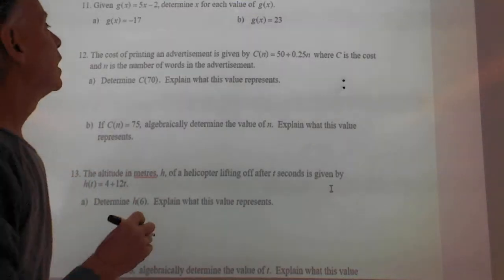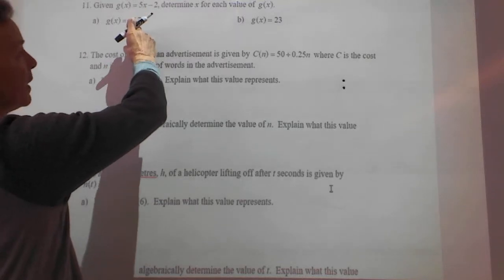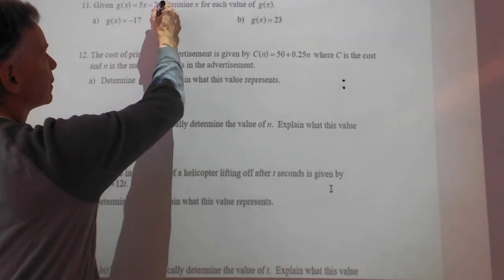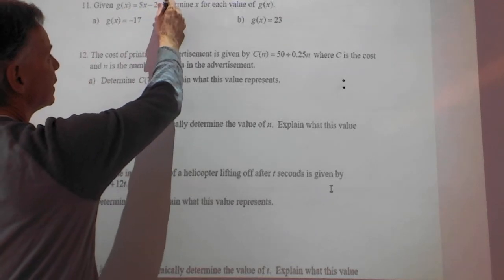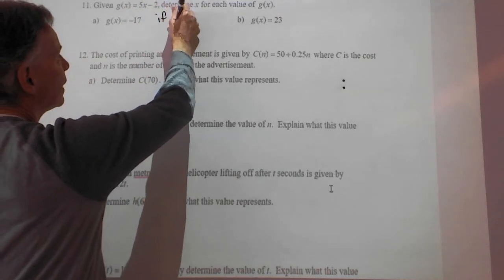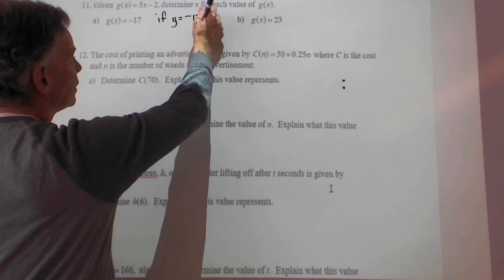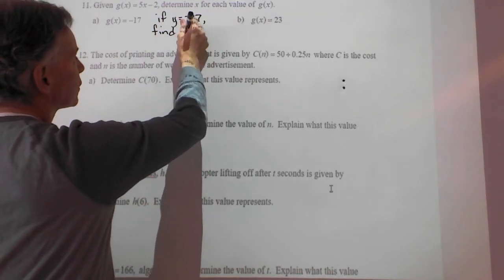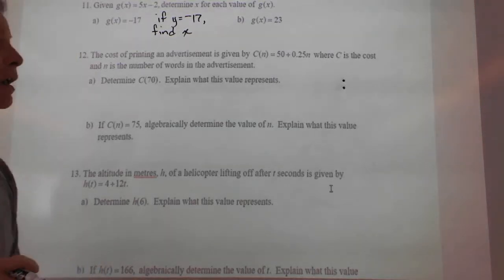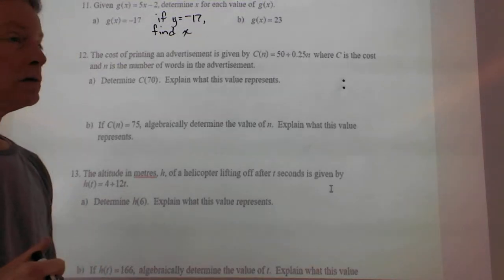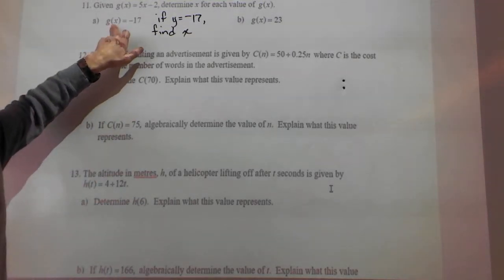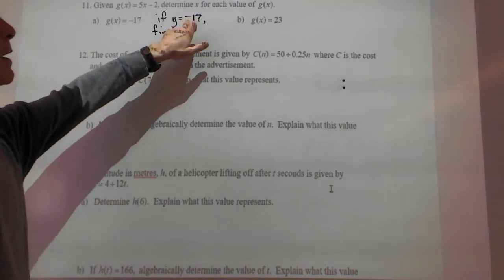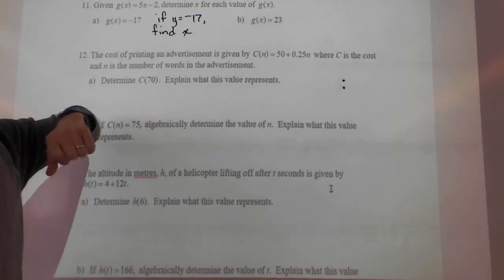In this case, they're saying if y equals negative 17, find x. So it's a little bit different. They haven't given you a value of x. Instead, they've given you a value of y and said, find x.